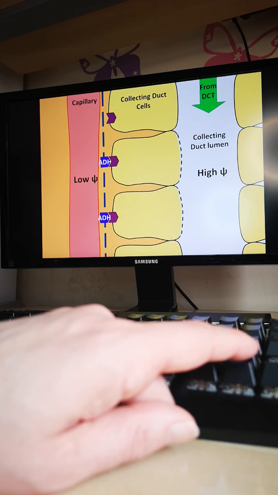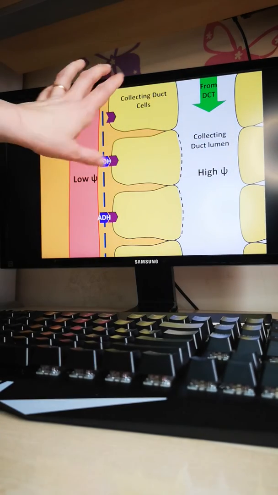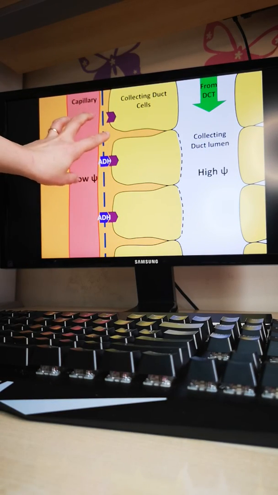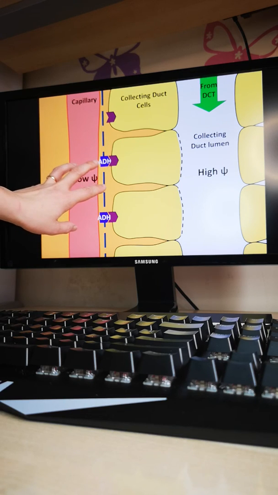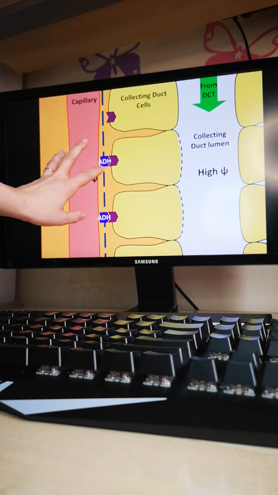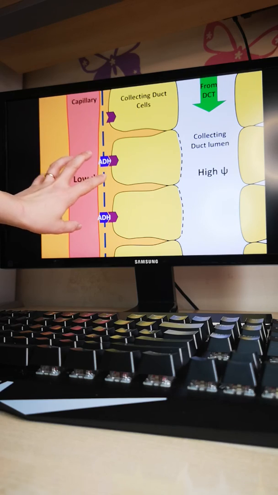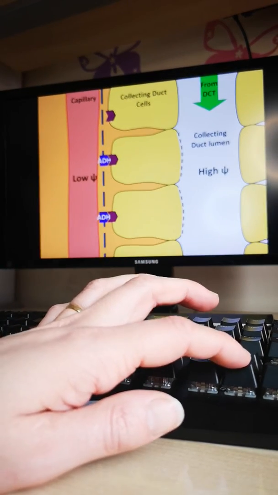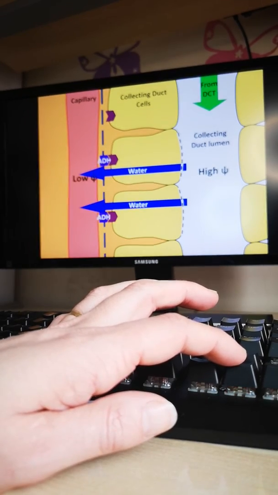Remember, the water potential gradient is always there because this is the medulla tissue. This medulla tissue fluid has ions that have been moved out of the loop of Henle, the ascending limb, and so around here is a really low water potential, and that means water will move by osmosis.